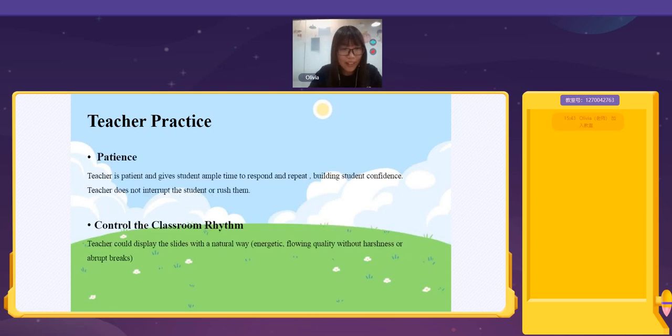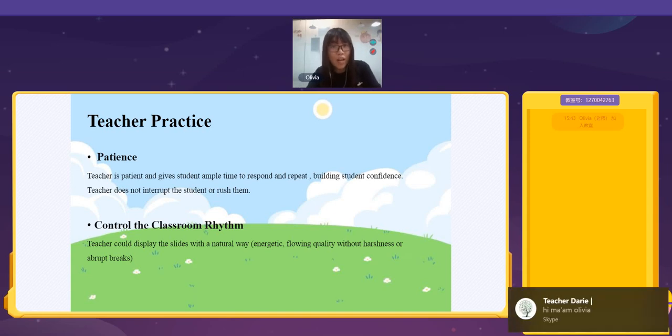And the next one, let's move on to, is patience. I believe that for every teacher in education, the first thing is they need to have enough patience. So the teacher is patient and gives students enough time to respond and repeat, building student confidence.